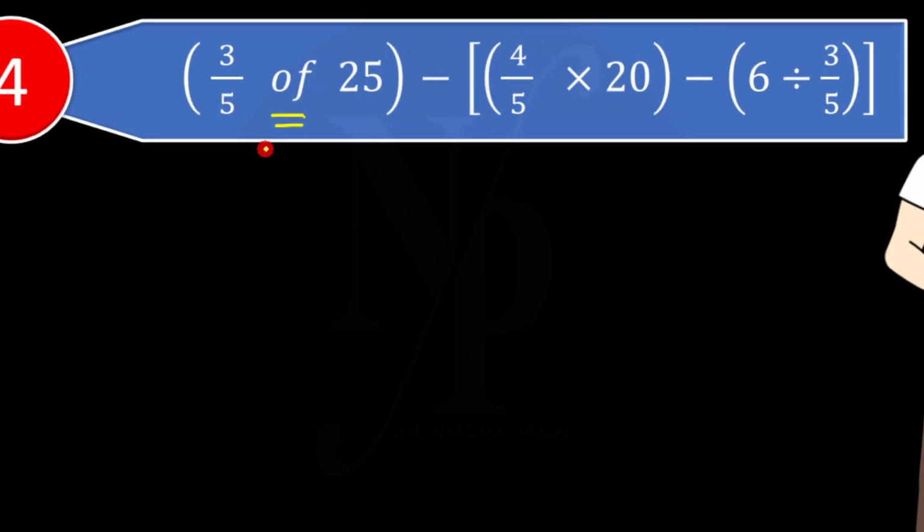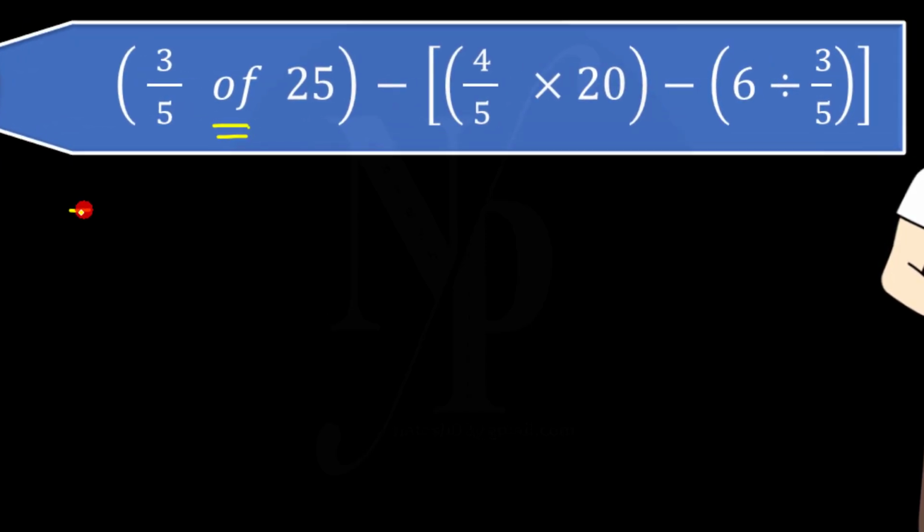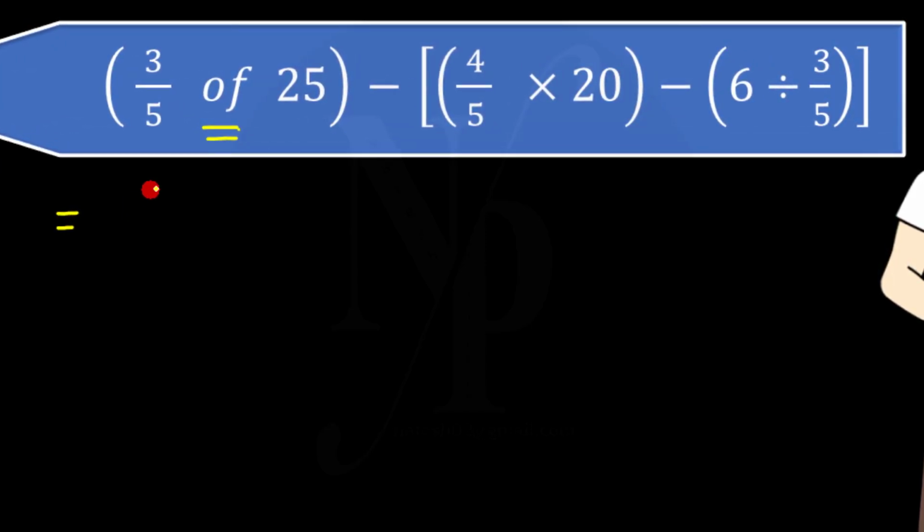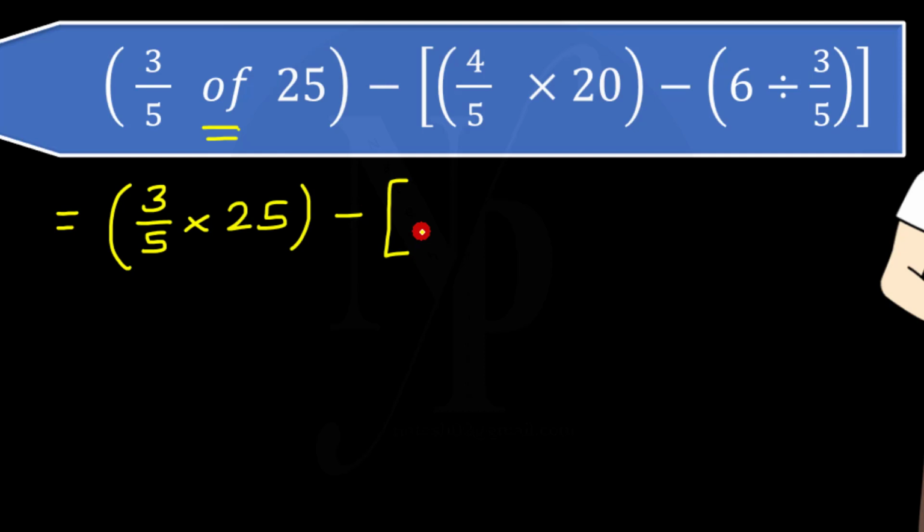Of is nothing but multiplication. So of may be replaced by into sign. That is, I write 3 by 5 into 25. I put these terms within brackets. I put minus sign, open square brackets.